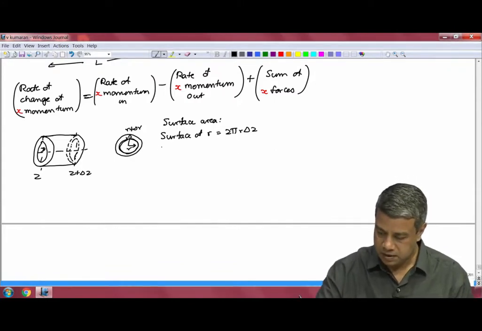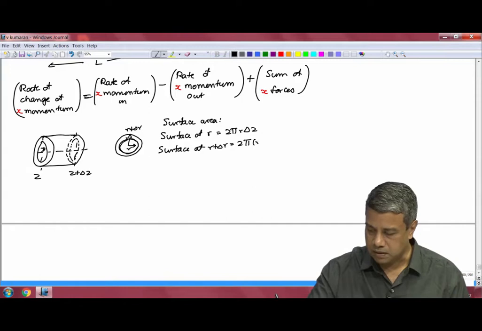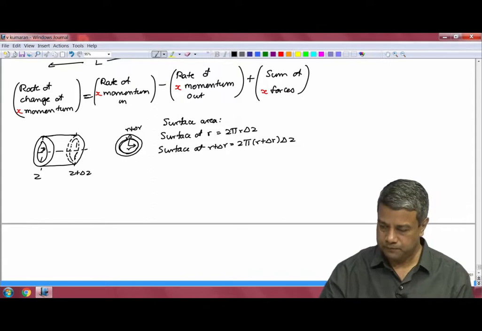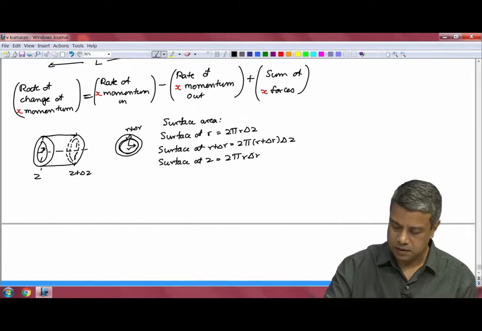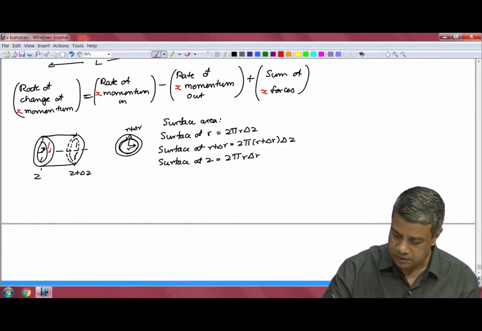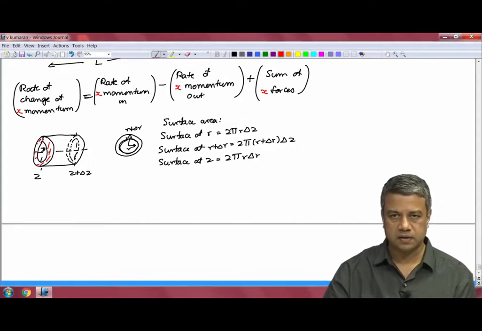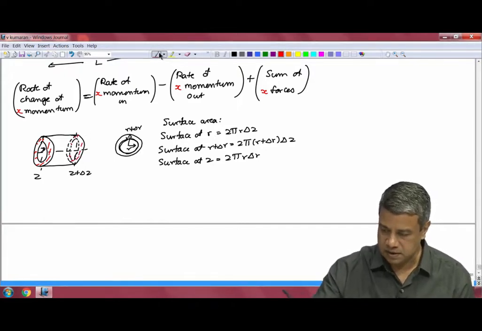The surface at r plus delta r is equal to 2 pi into r plus delta r times delta z. The surface at z is going to be equal to 2 pi r delta r. That is this surface. It is going to be equal to the circumference times delta r, and similarly the surface at z plus delta z is also the same.